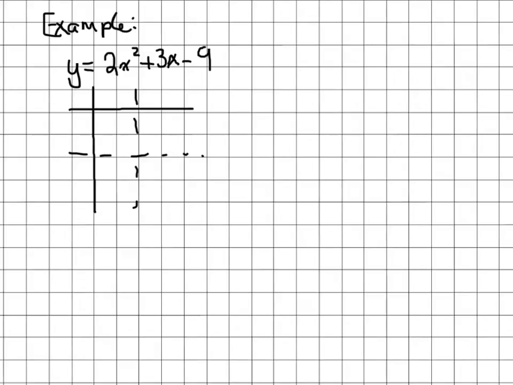It's the inside. So I know that the 2x squared has to go into the top left-hand box. And I also know that the minus 9 goes into the bottom right-hand box.